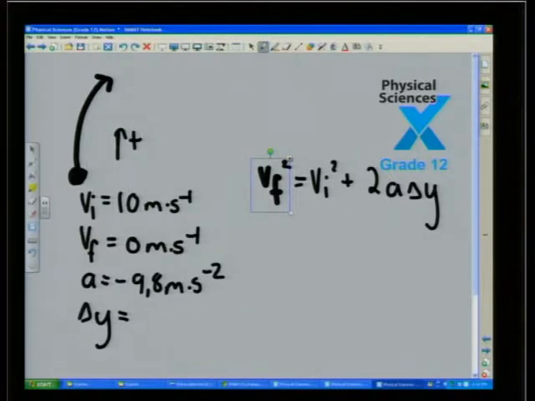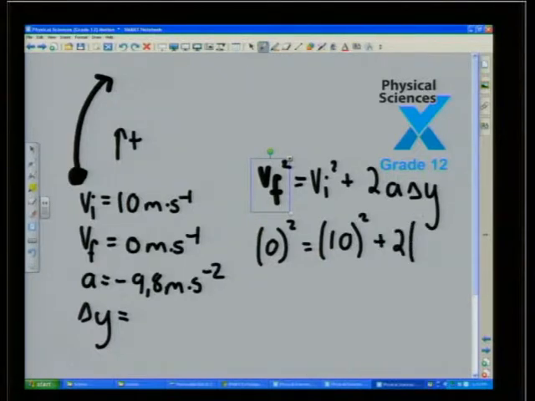We like this because it's substitution, and remember I said to you as well, do not forget the 0 substitutions. So Vf squared is 0, but it's going to be 0 squared. We know Vi is 10 squared, and then we have 2 times minus 9,8.